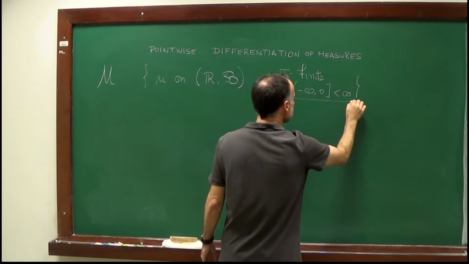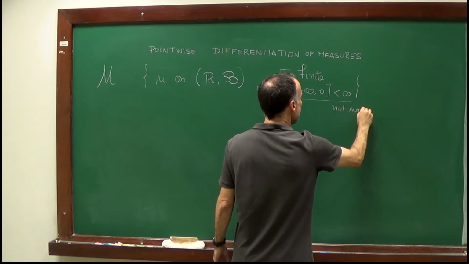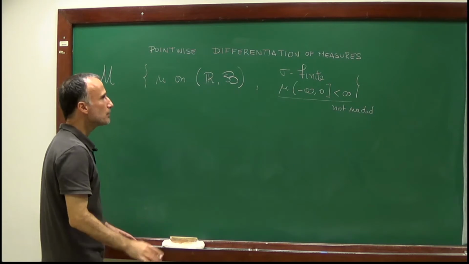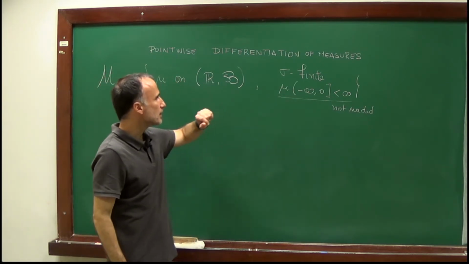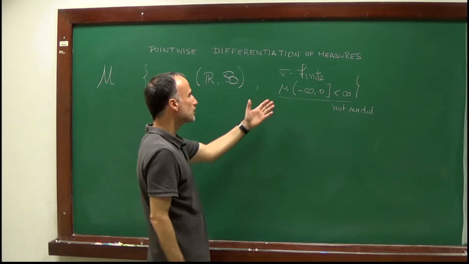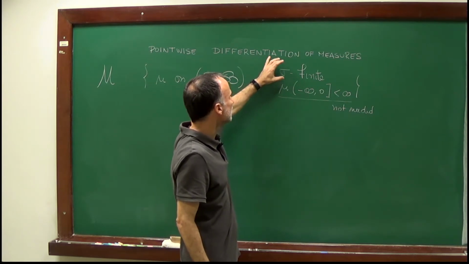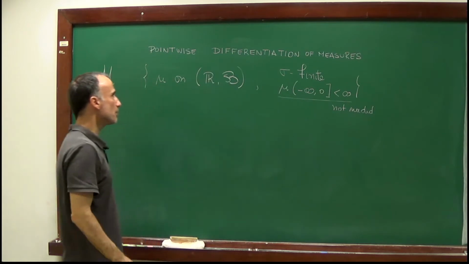This second assumption is not needed, but I will assume that because it helps me with the notation. So I will explain in a second why I'm assuming it, and I will show that this assumption is not needed, it just simplifies notation, but we will always assume that these measures are sigma finite.